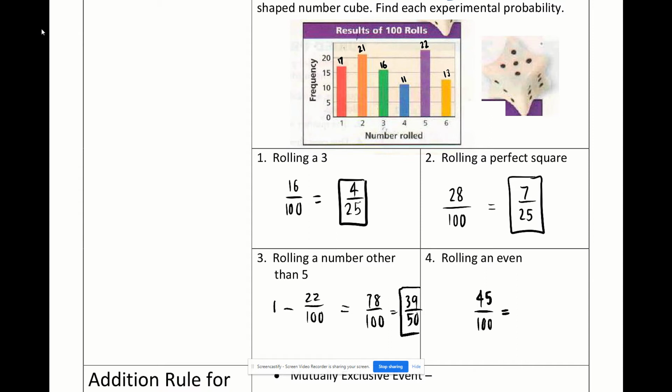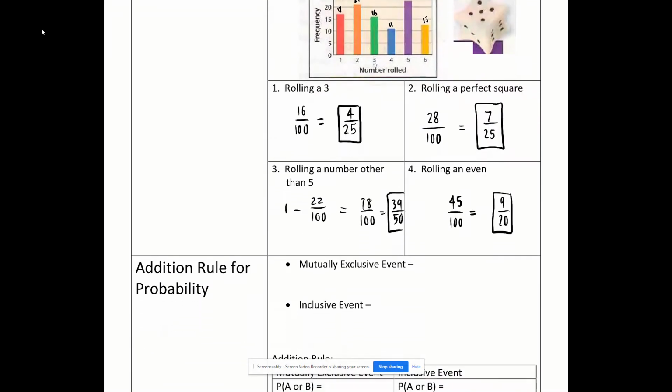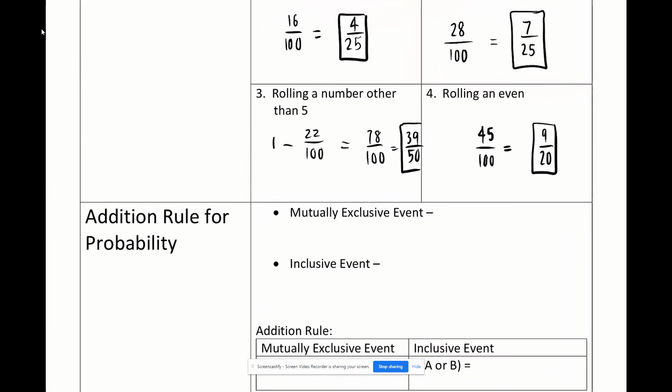And 45 out of 100 reduces down to 9 out of 20. So there you have it. Pretty easy, right? It's just probability, but with data. You're not just having to think through the cube, which is 1 through 6. You're actually using data that's been found by someone and of course, subtracting it or adding it.